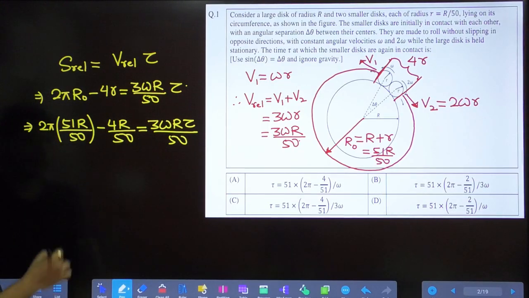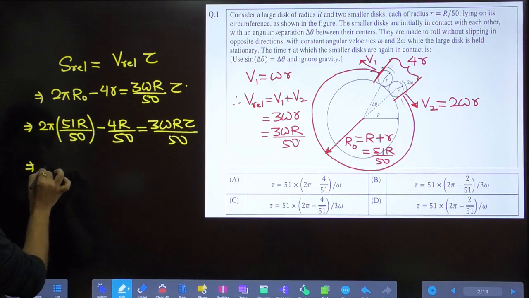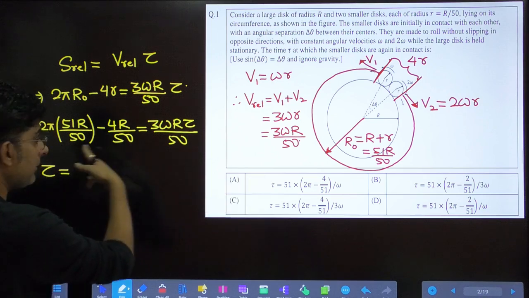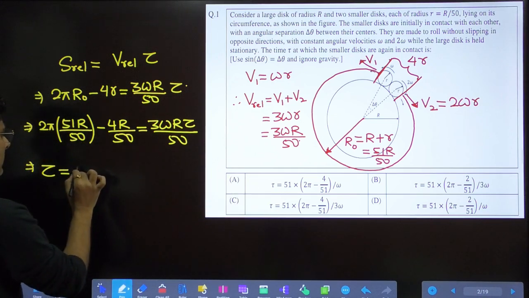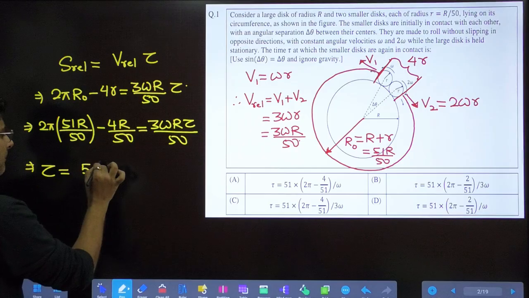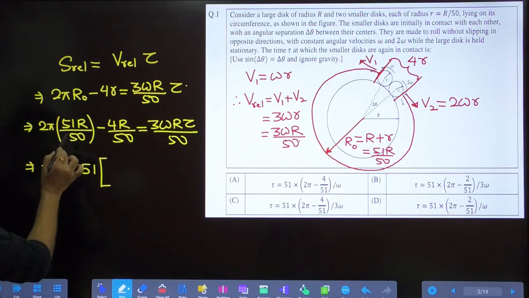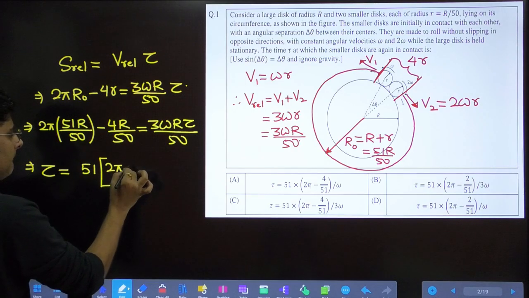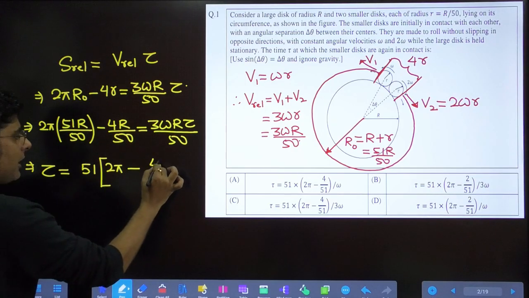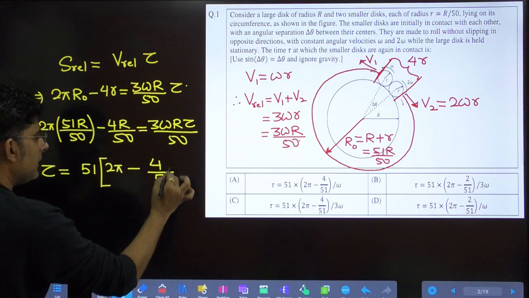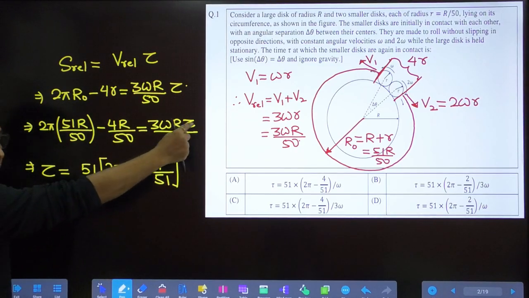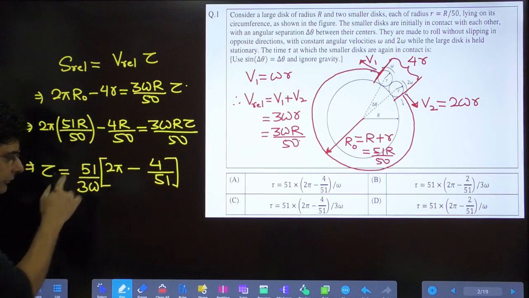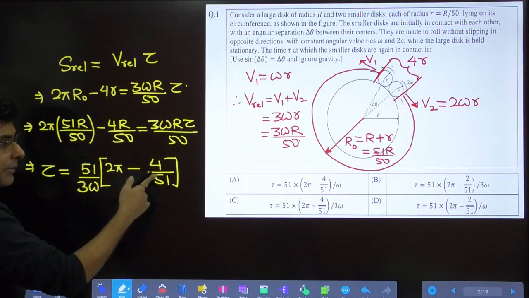So we can remove capital R by 50 from all, and from here if you take 2 pi common, because in all the options 51 is taken common. So if I take 51 common, then let's see what will come. The 50s are all gone, R is gone. So first you will have 2 pi minus, in the next term you have 4 divided by 51, and since here we had 3 omega multiplied with tau, that 3 omega will get divided. So tau equals 51 by 3 omega times 2 pi minus 4 by 51.